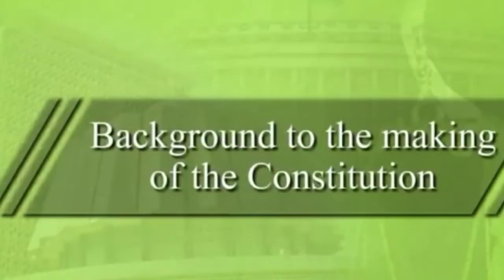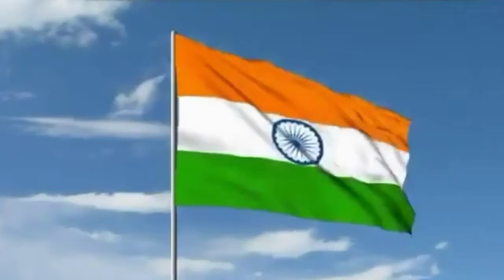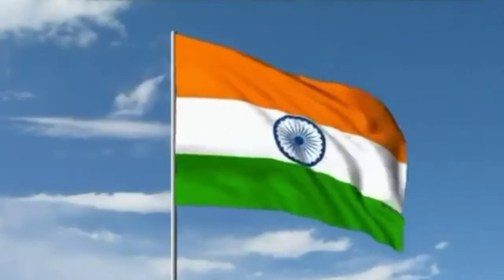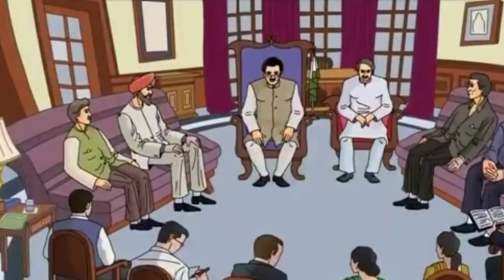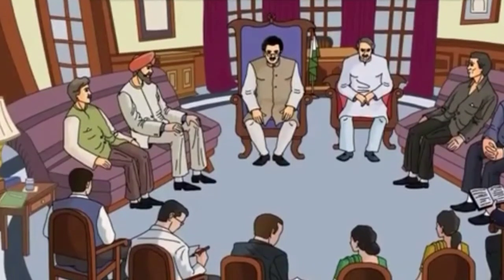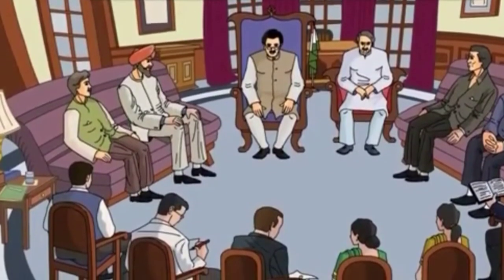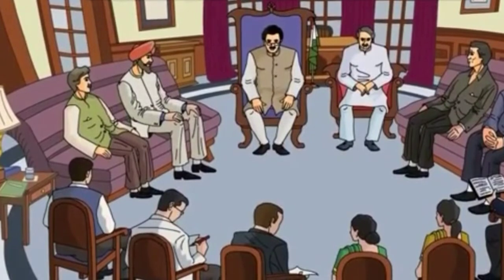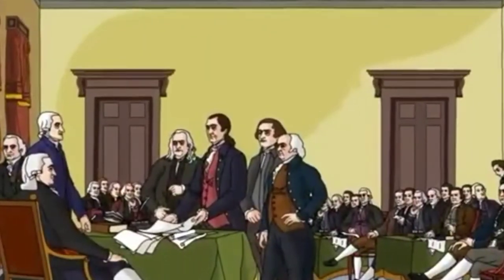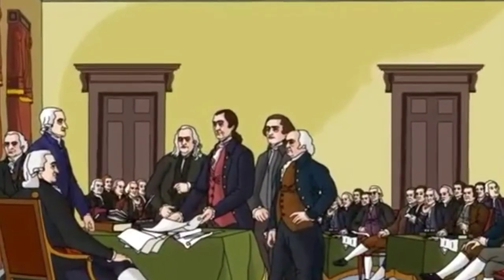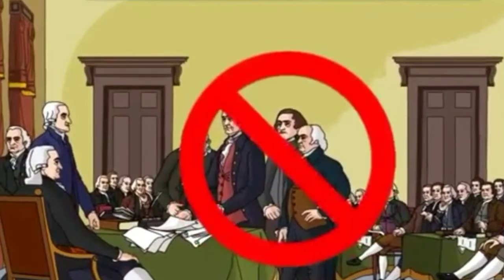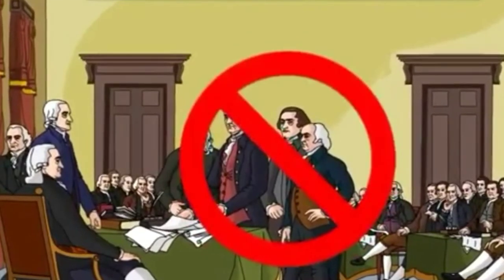Background to the making of the Constitution. The process of the making of the Indian Constitution started in 1946. The leaders of the freedom movement insisted that independent India will be governed not by the laws made by the British, but by the laws made by Indians themselves.